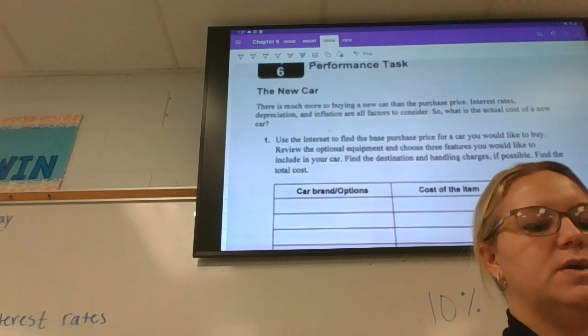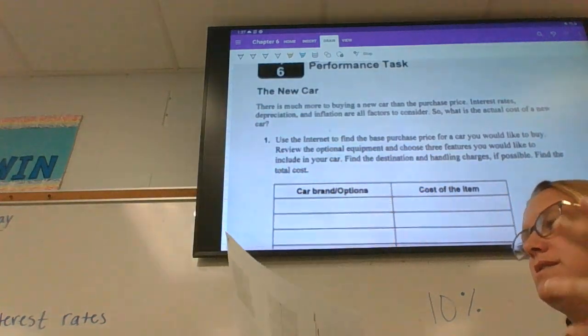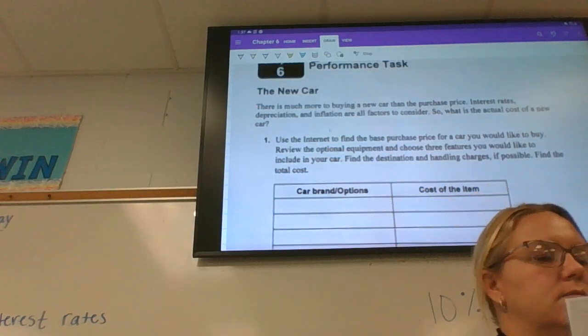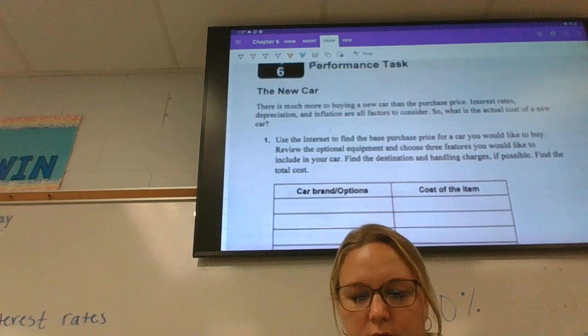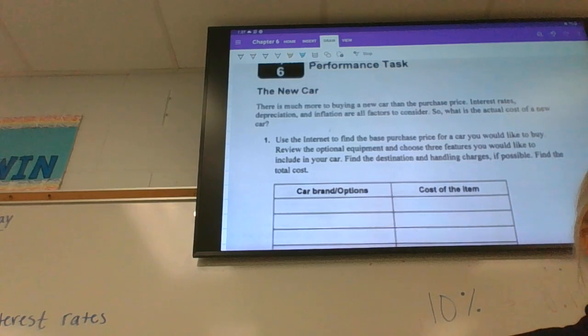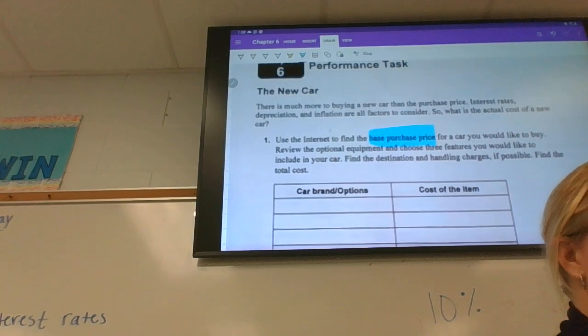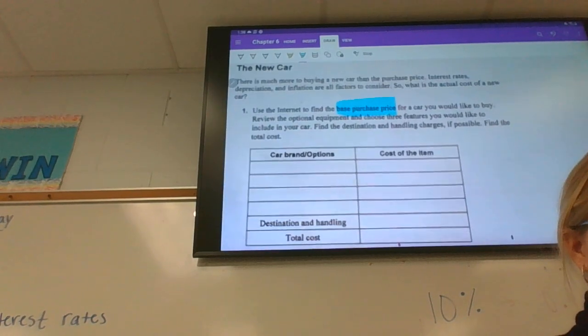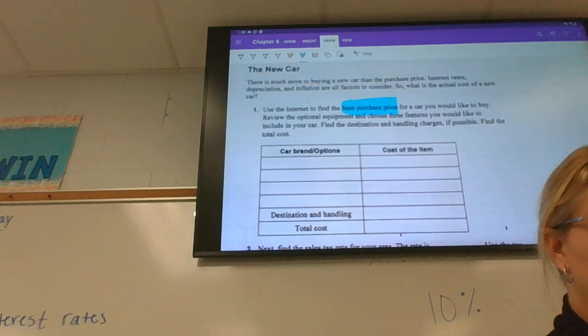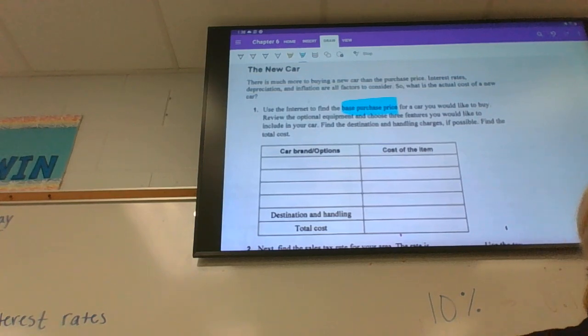Okay, so as we go through this, I'm going to discuss with you what these terms mean. We're going to start off by finding the base purchase price for a car. I'm going to give you the freedom to look up any car you want.